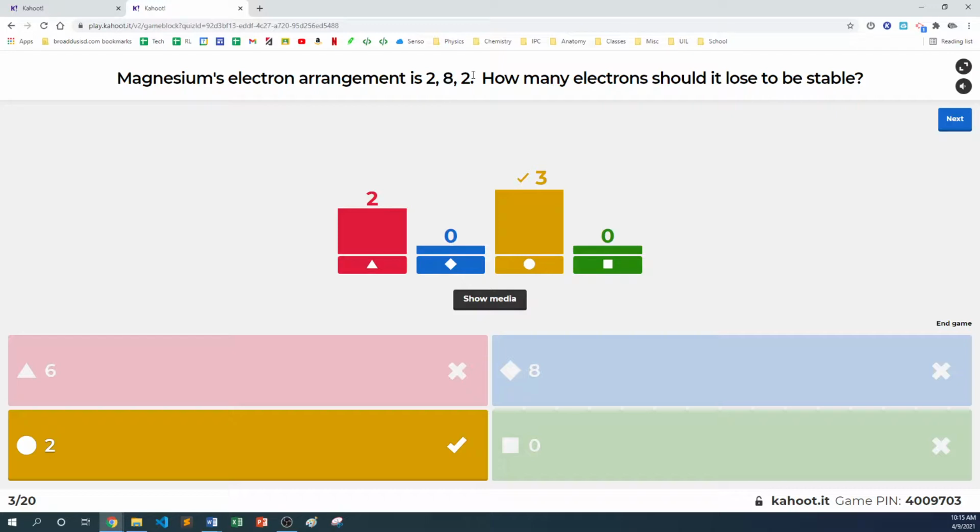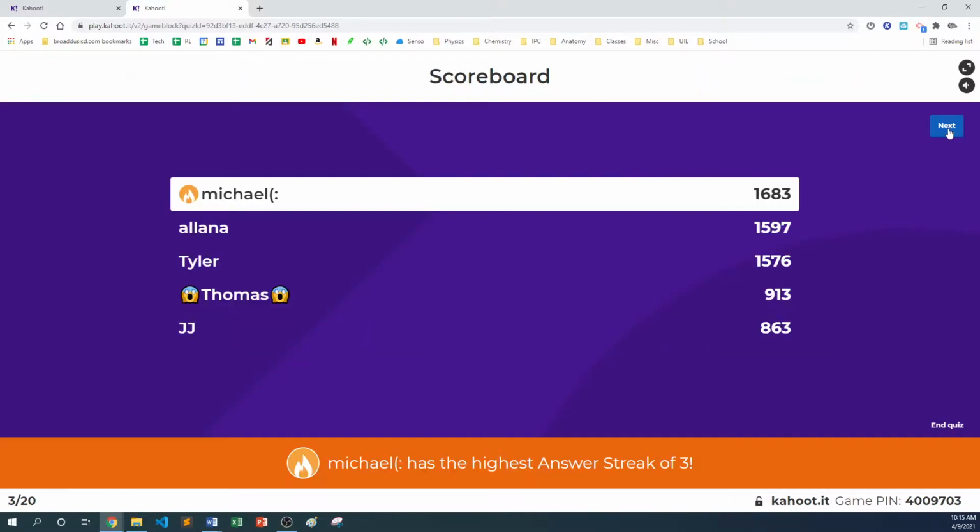And this is a good way. I should have been doing this and just drawing the pictures. So the first one has at most 2. The second one can have 8. And look at the last one. It can either gain 6 to get the 8, or it can reduce this one to 0, making the middle one the valence shell. So it wants to lose 2.